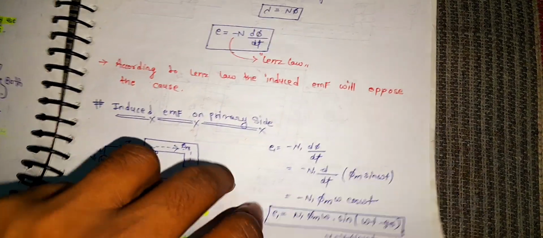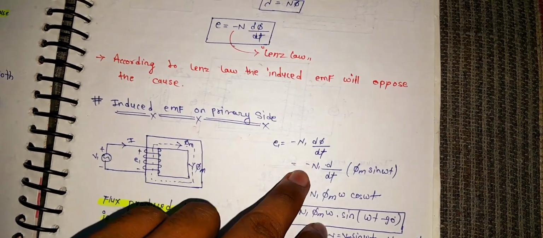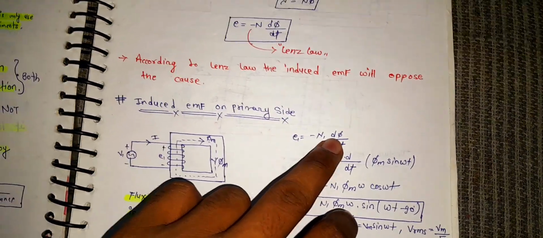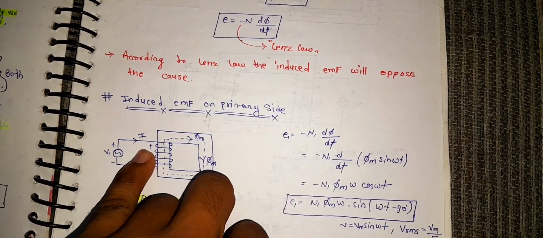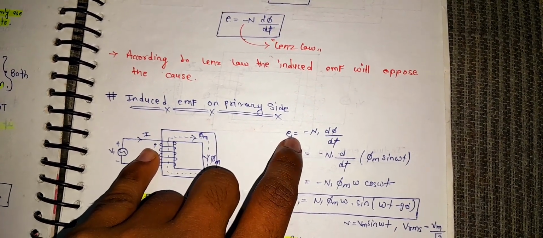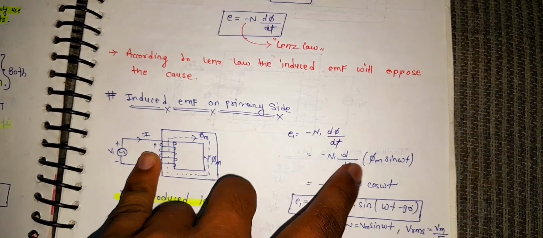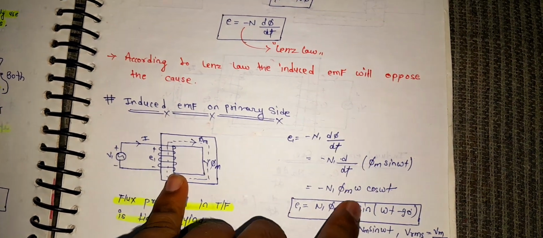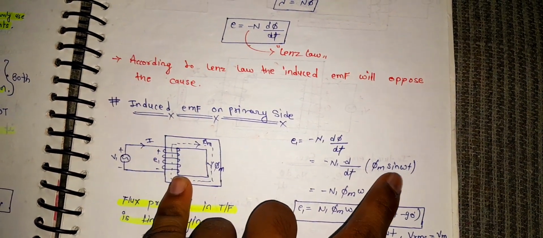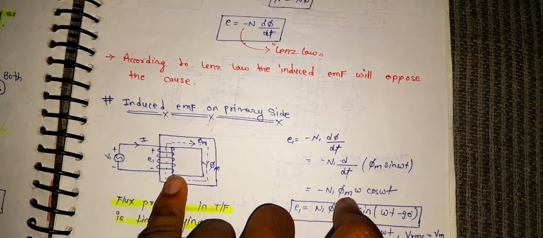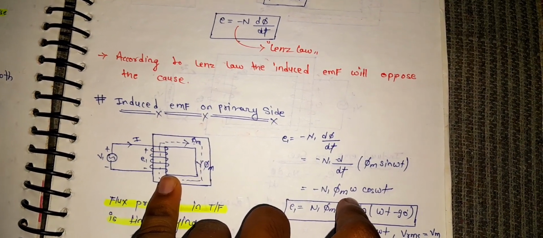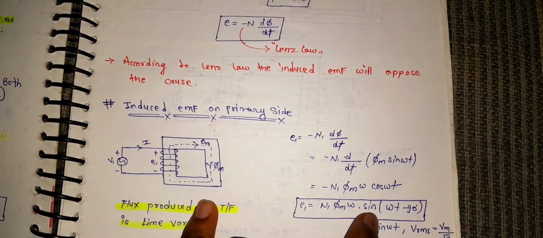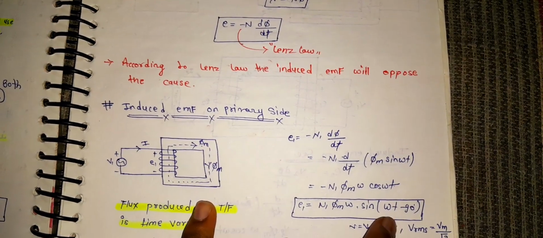So the formula is E equal to minus N d phi by dt, where phi is the flux generated according to the current. With phi equal to phi m sin omega t, E is equal to N phi m omega cos omega t, which is N phi m omega sin omega t minus 90.